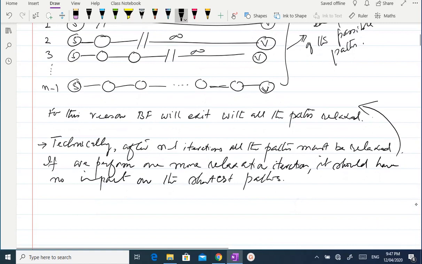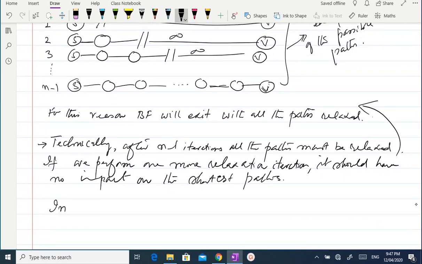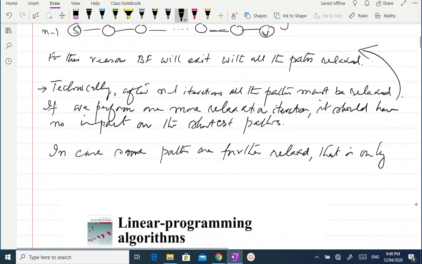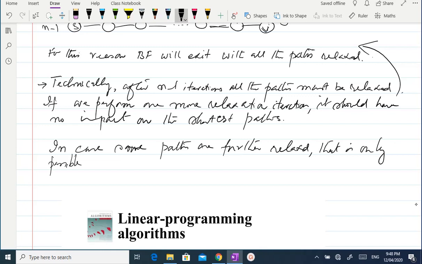But in case some paths are further relaxed, that is only possible if we have a negative weight cycle in the path.